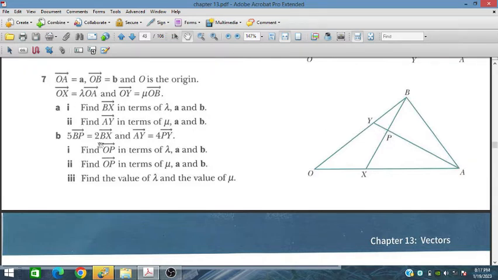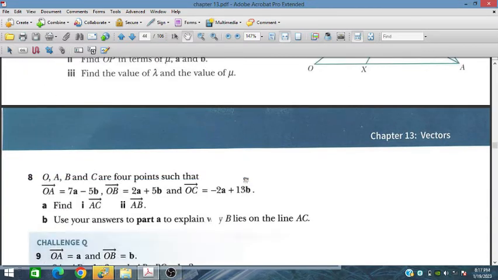So this is the first part, and in the second part we have 5 times BP is equal to 2 times BX, and AY is equal to 4 times PY. Find OP in terms of lambda AB, and find OP in terms of mu AB, and then find the value of lambda and mu. So we will solve this question number 7.